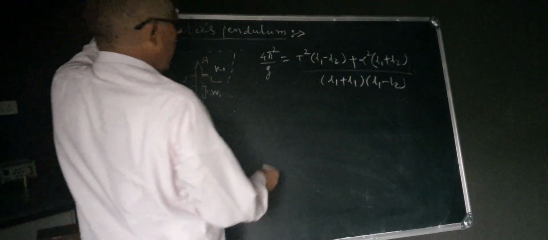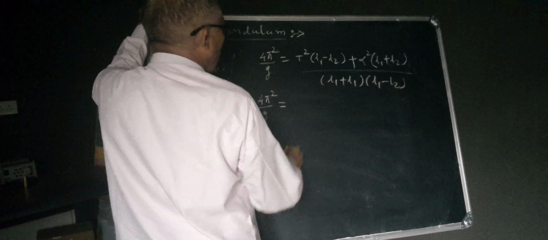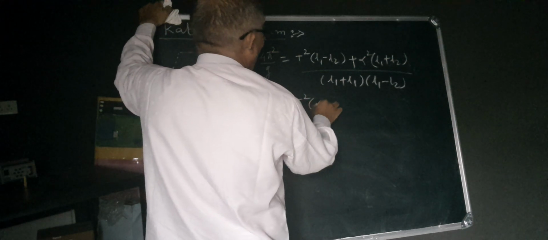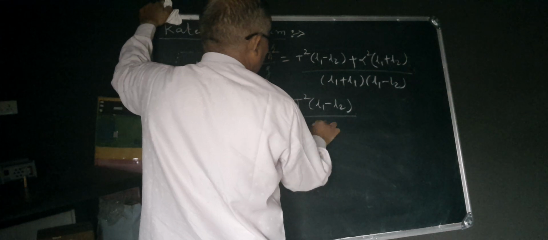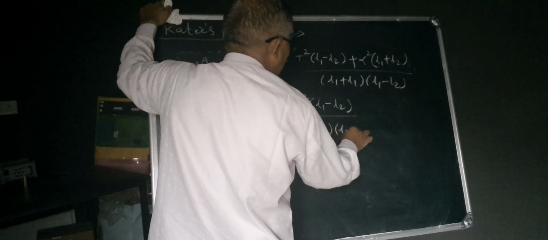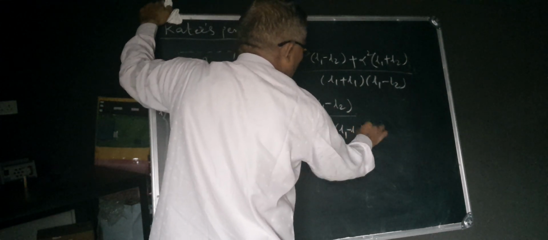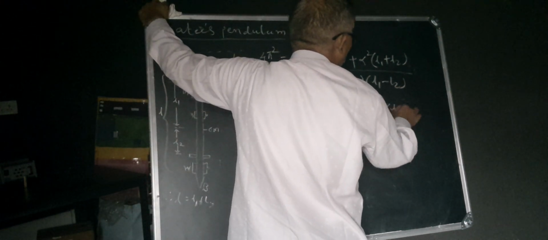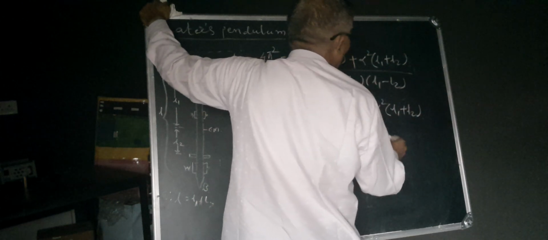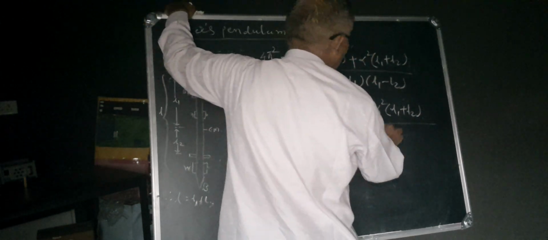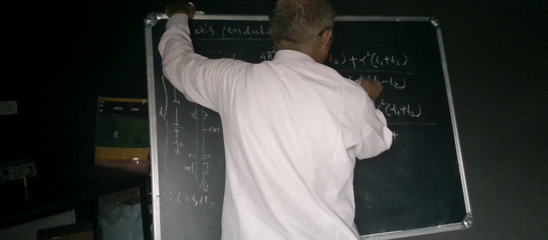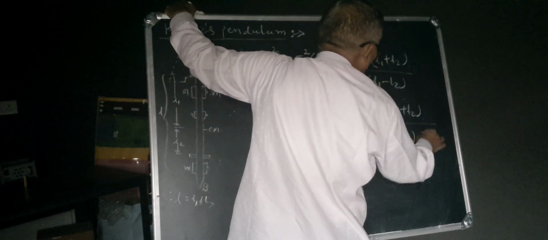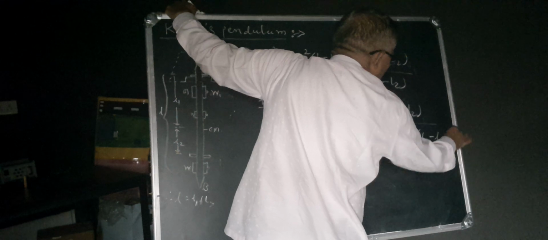Again simplifying, 4 pi square upon g equals T square into L1 minus L2 upon L1 plus L2 into L1 minus L2, plus alpha into L1 plus L2 upon L1 plus L2 into L1 minus L2.